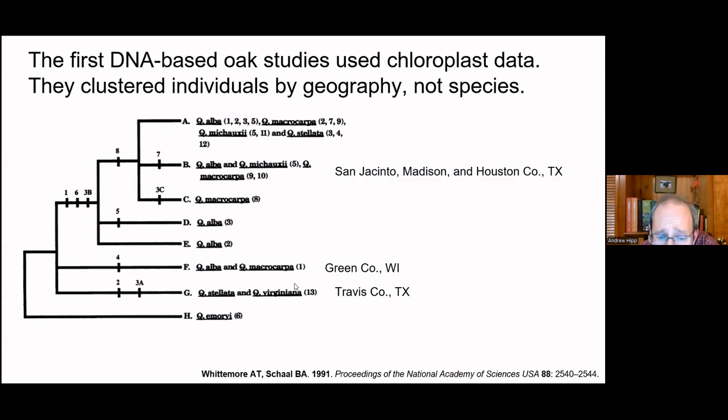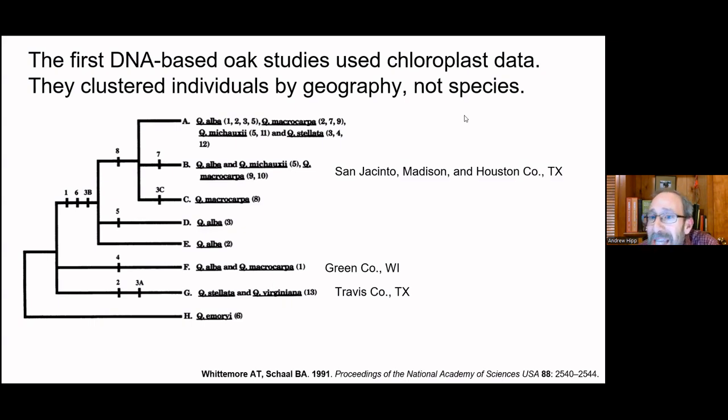When he went to Travis County, Texas, he found that post oak and Quercus virginiana, the southern live oak, had the same chloroplast type. If there was no reproduction between species, you would expect that each of these lines of this phylogenetic tree would be one species, and that species would be separated from each other. Instead, what he found is that regions were separated from each other in the chloroplast.